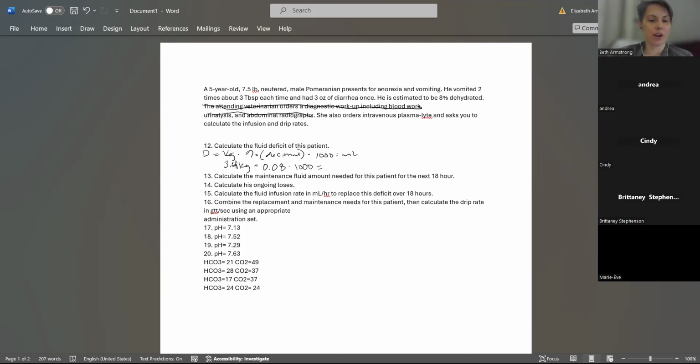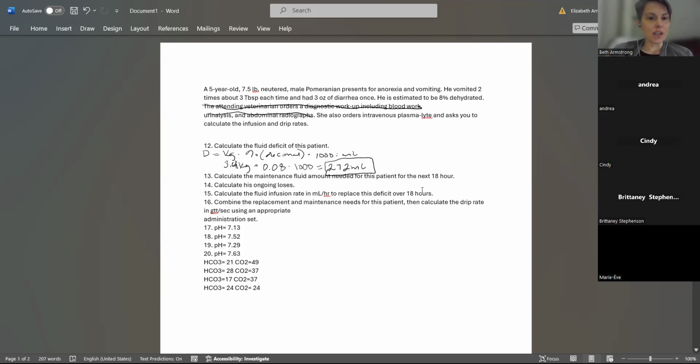So 3.4 times 0.08 times 1,000. They're dehydrated 272 mLs. That is one of the answers we have to keep track of.